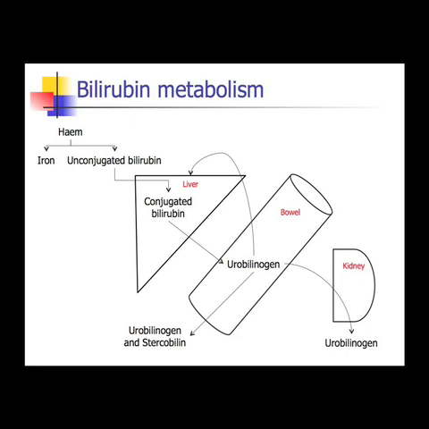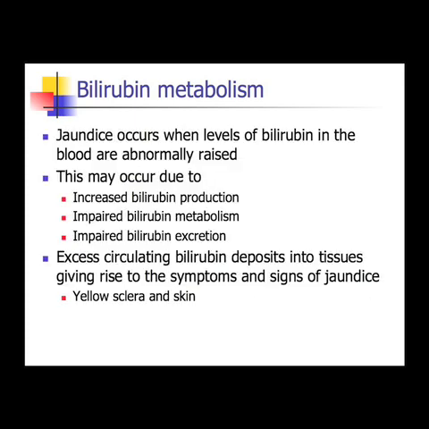And this is the so-called enterohepatic circulation. You can already start seeing from this diagram how you can see the distinctions between prehepatic, hepatic, and post-hepatic. This is a really useful diagram, not overly complicated, but if you keep this diagram in your head, you'll have more of an understanding of the processes.